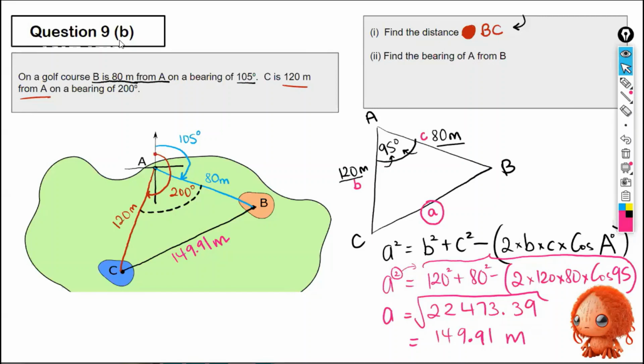The next part of the question, they're asking for the bearing of A from B, which means you are standing at B because that comes after the word from.